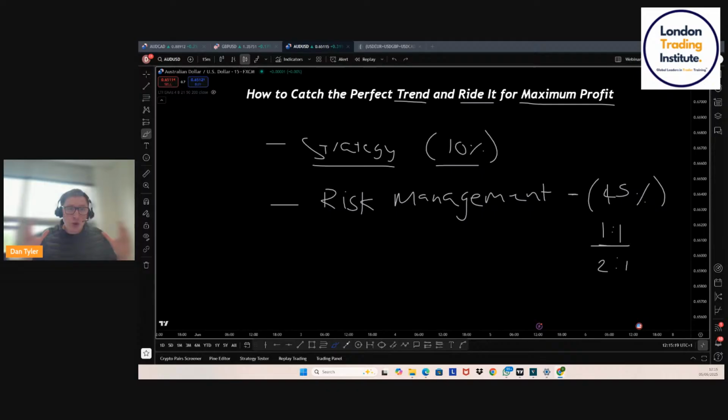What it is all about is helping you understand how to manage your money safely. It's about helping you understand how to be safe with your investments, but also making your numbers add up so you can get a decent return from your trading. So it's risk to reward. It's also win rate, which is a small part of it.